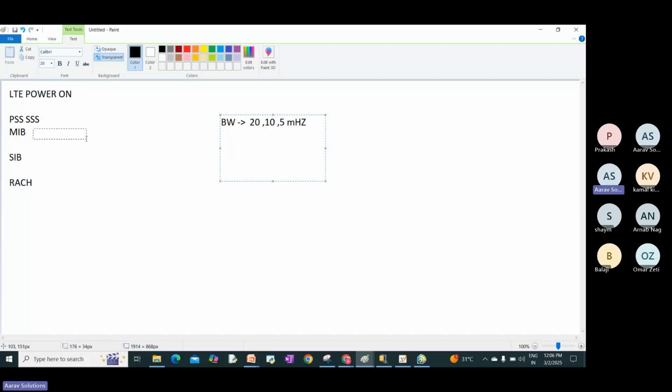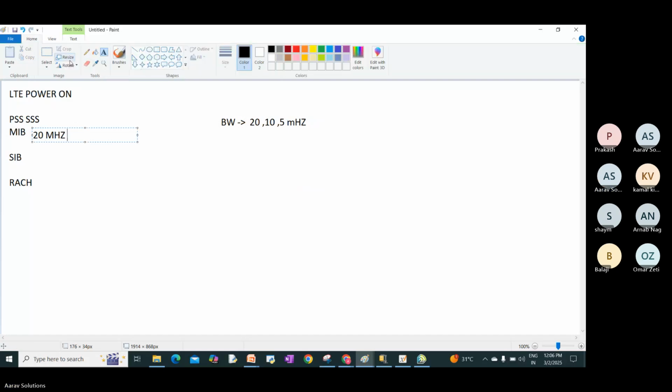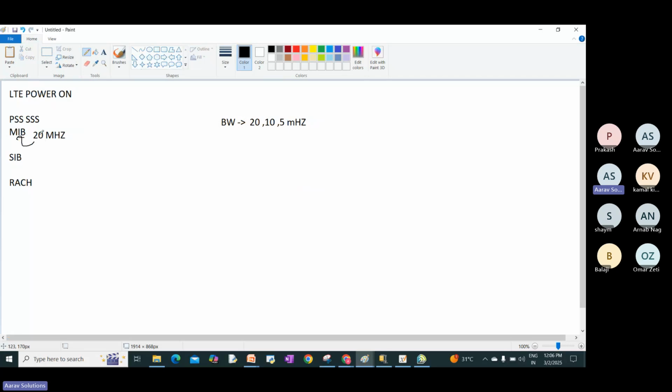So if I am saying bandwidth 20 megahertz, or whatever system bandwidth we have, we can see it in the MIB. But the main point is, it is not written exactly like that in the system.